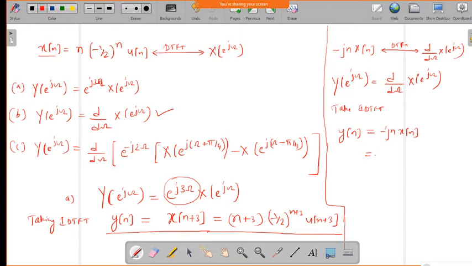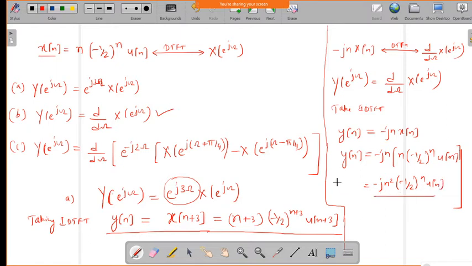Substitute that, and you will get the corresponding y of n, that is jn into n into minus half power n into u of n. So this is your y of n, which is given by minus j n square minus half power n into u of n.